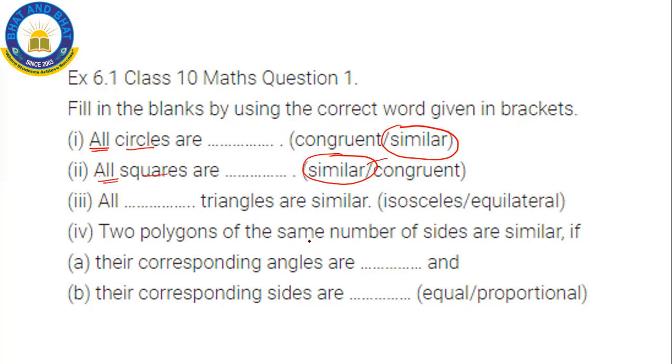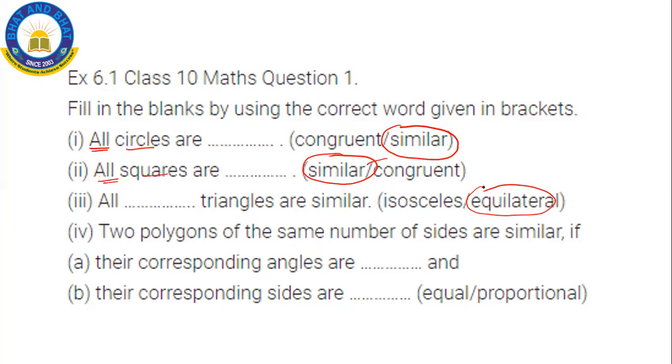All dash triangles are similar. So we are talking about similarity. Yes, so all equilateral triangles, that is correct. All equilateral triangles are similar, not isosceles. Why not isosceles?